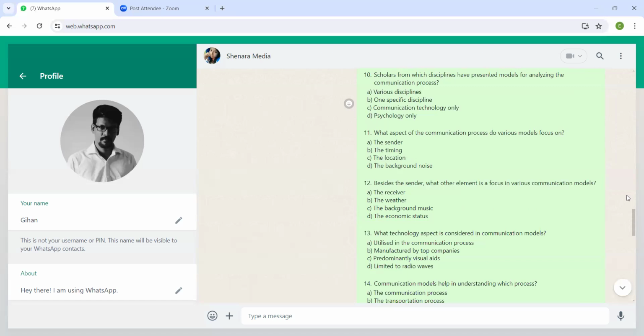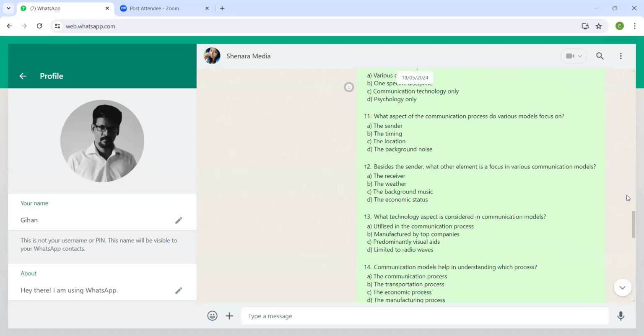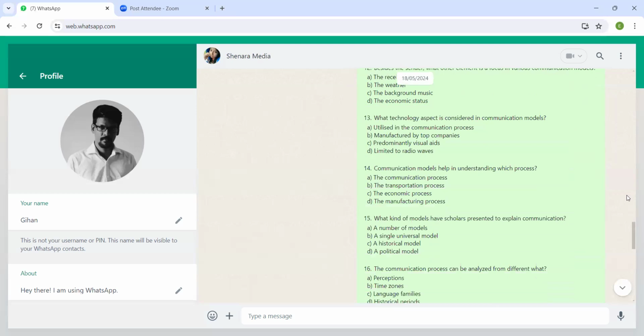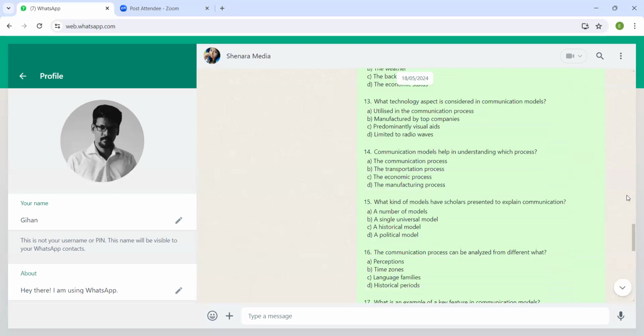What technology aspect is considered in communication models utilized in the communication process? All right. How can we utilize this in the communication process? That is the technological aspect considered in communication models. Communication models help in understanding which process? Not transportation, not economy, not manufacturing, but the communication process.